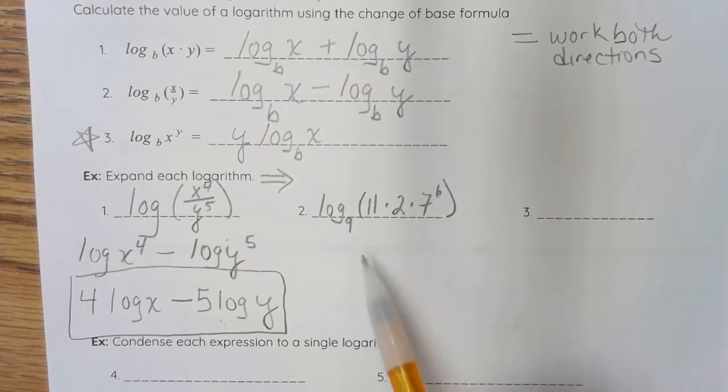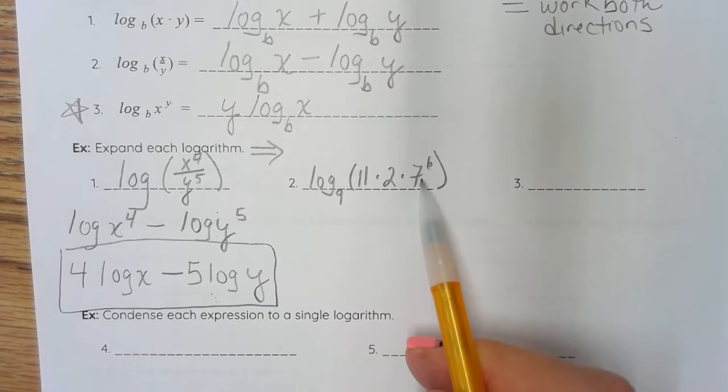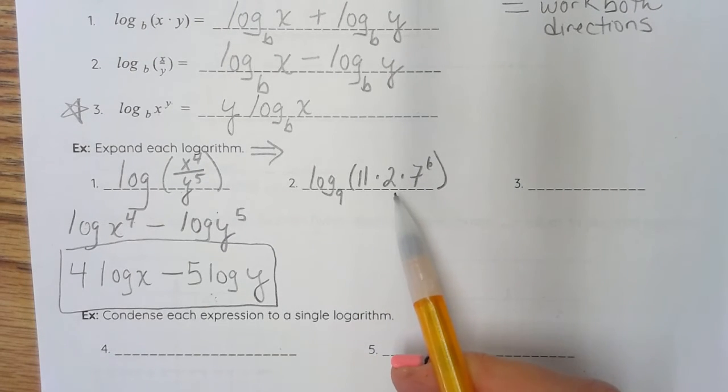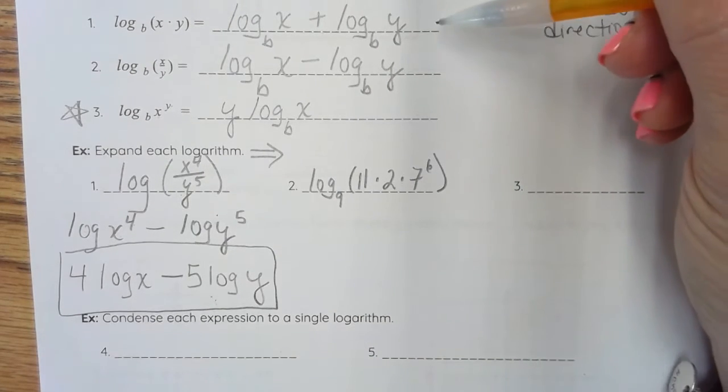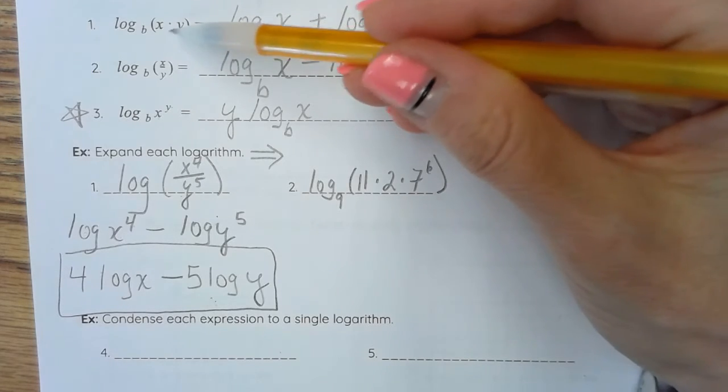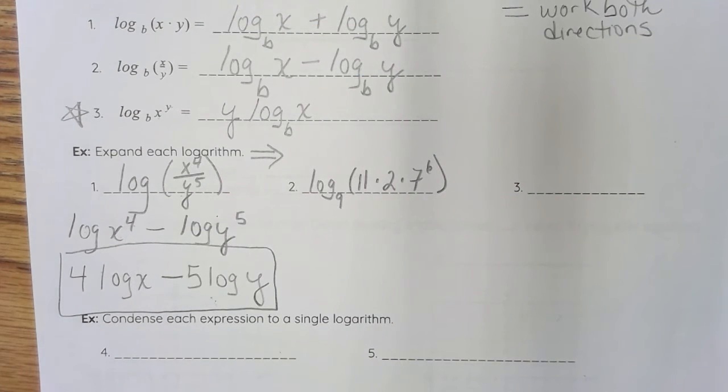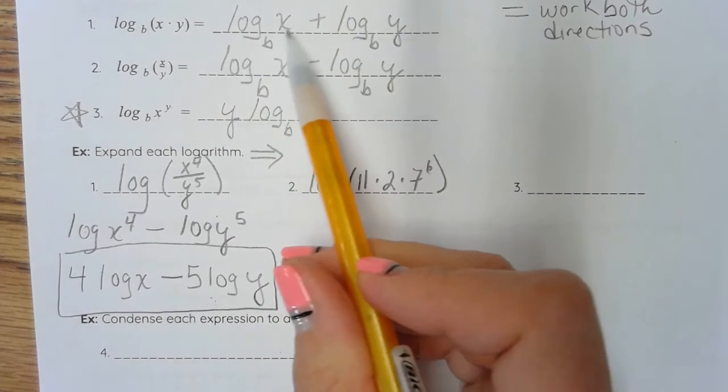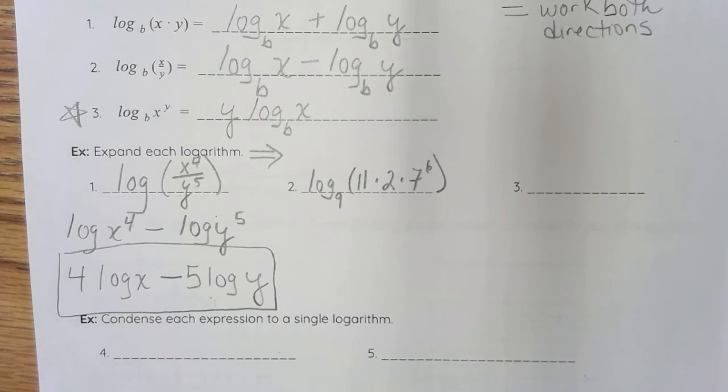If I look at expanding, what I notice is that I have the log of a product. Up here in our rule, I only had 2 things in our product, but we know we can multiply 2 things together, 7 things together, 85, however many things I'm multiplying together. This just continues to apply. So we would just keep adding.